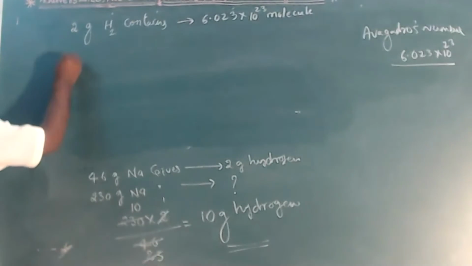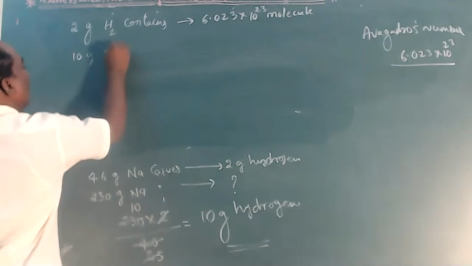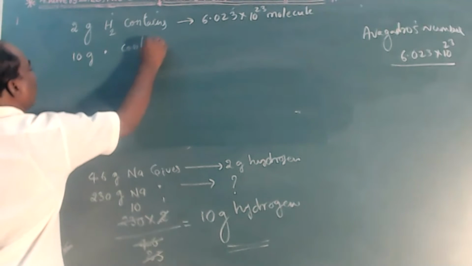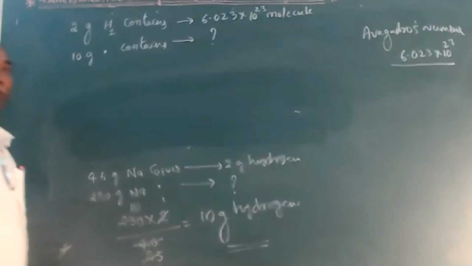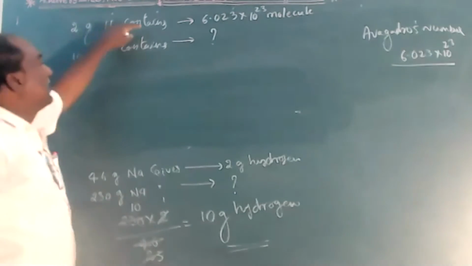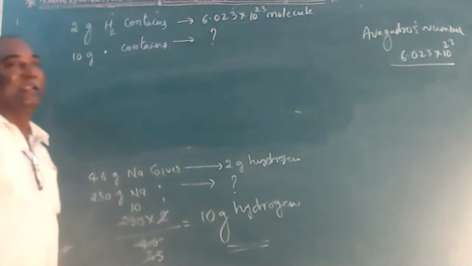Then 10 grams of hydrogen contains how many molecules? 2 grams of hydrogen contains 6.023 into 10 to the power of 23 molecules.